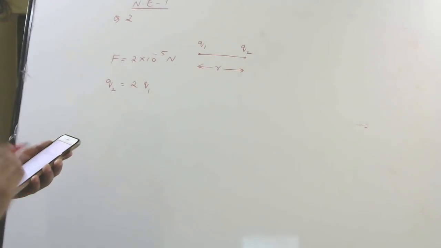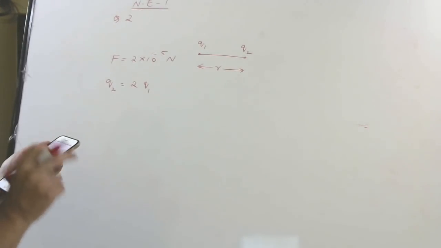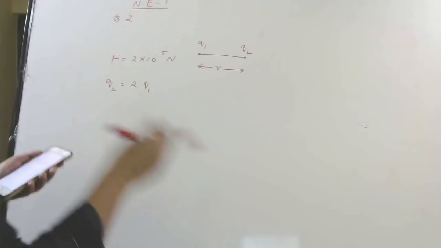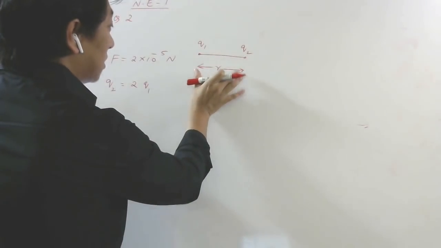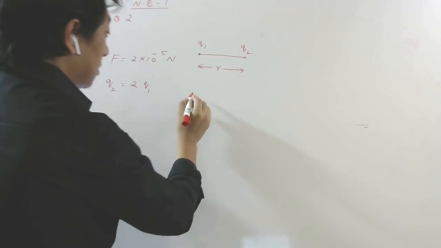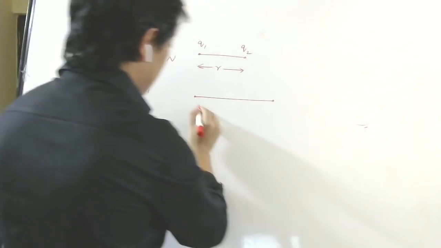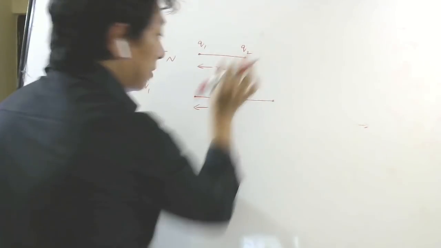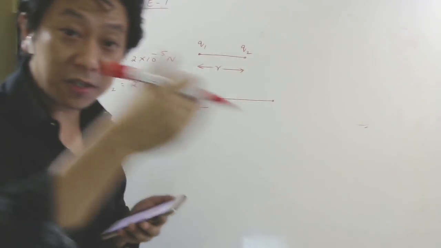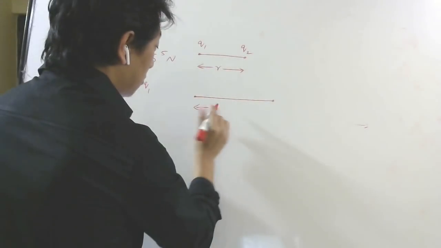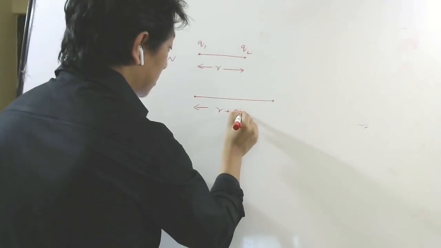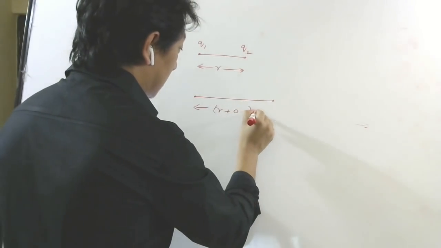Now they are saying when they are moved 0.1 meter farther apart. Right now what is the distance? We don't know. We have written R. But when this distance is increased by 0.1 meter, 0.1 meter is the extra distance. Then what will be the new distance? R plus 0.1 meter.